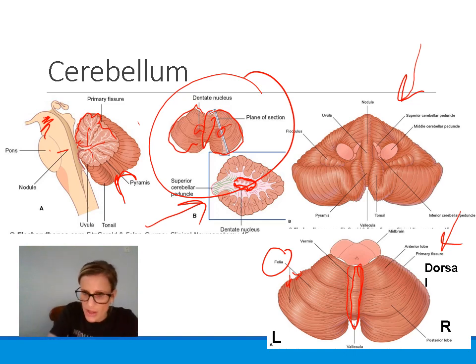There is also what's called a primary fissure, which is this more prominent fissure that you see right here, and that does separate the cerebellum into an anterior lobe and a posterior lobe. So you see the anterior lobe up here and the posterior lobe in the back.